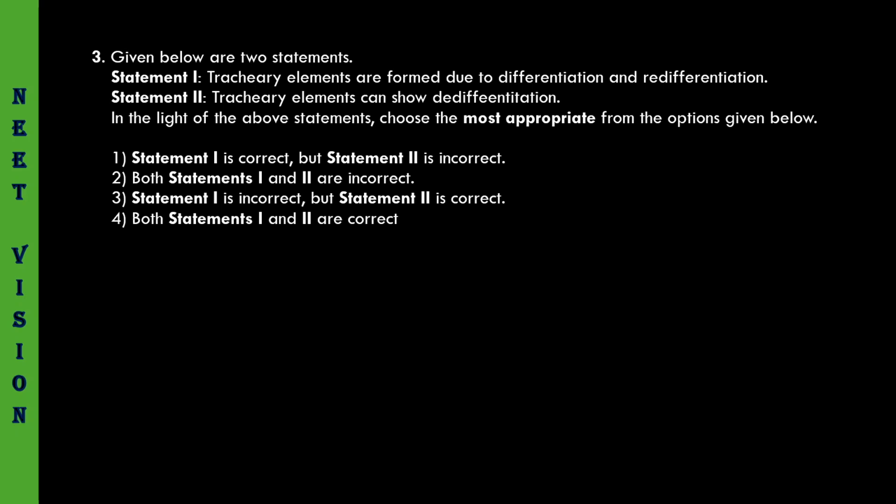Differentiation is the transformation of derivatives of primary meristem into permanent cells. Redifferentiation is the differentiation of derivatives of lateral or secondary meristems into permanent cells. So primary xylem is formed due to differentiation, secondary xylem is formed due to redifferentiation.